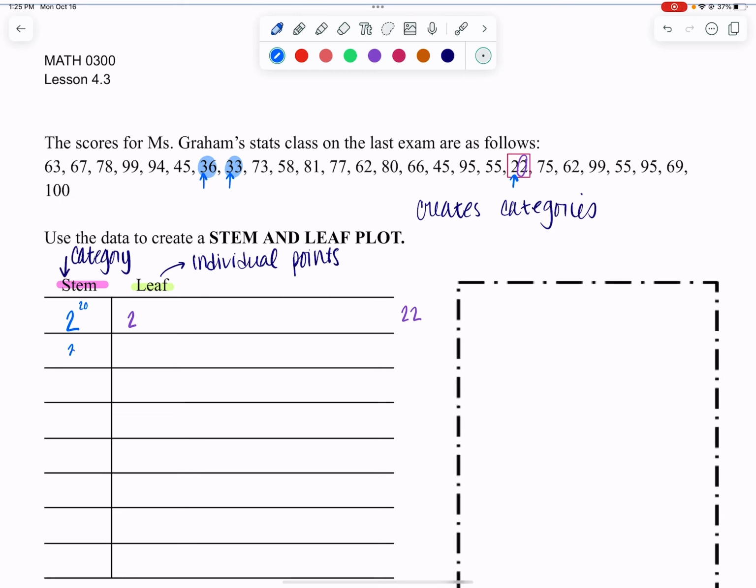So I am going to put in a 3, and then I'm going to pull off my leaves. I have a 3 and a 6. So I have 2 numbers in my 30s category. If I were to put these back together, I would use 33 and 36.